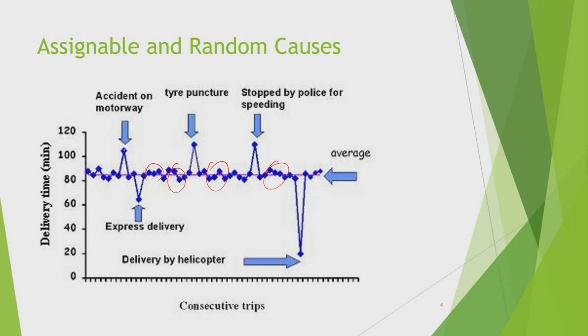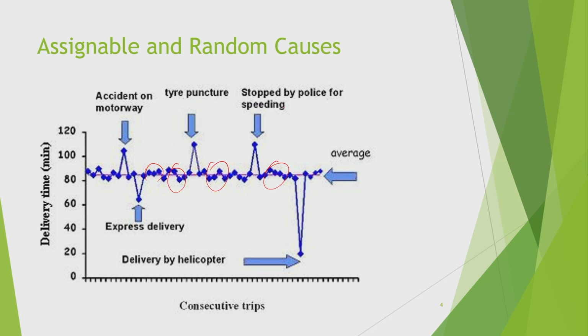Say, for example, one day the delivery boy took about 100 minutes, when the normal time is about 85. What happens? There was some accident on the motorway and there was some traffic problem. Another day it also took more time, because there was a tire puncture. So, there is some assignable reason.